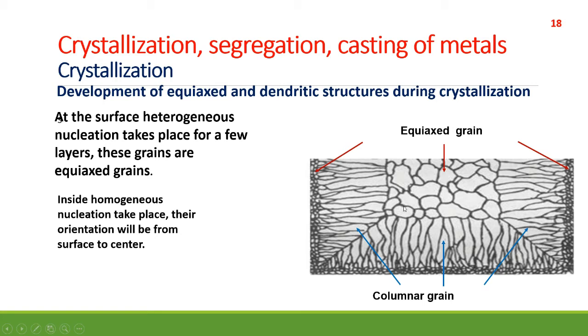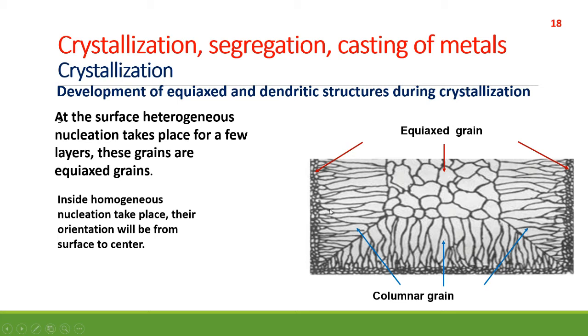And there is a very valid reason why they are following this direction or trend, and it is because of the temperature gradient. So keep in mind when you pour the liquid metal into the vessel, the surface of the vessel will have the lowest temperature, and at the center the temperature will be maximum. So there will be a temperature gradient from the center towards the surface of the vessel.